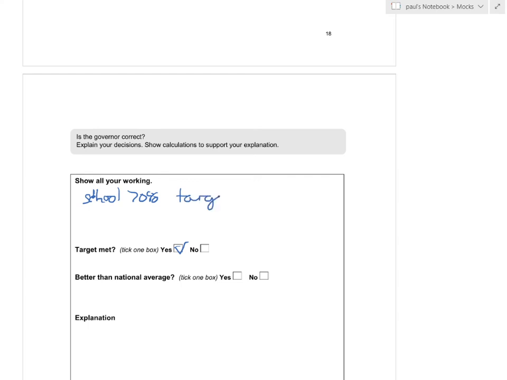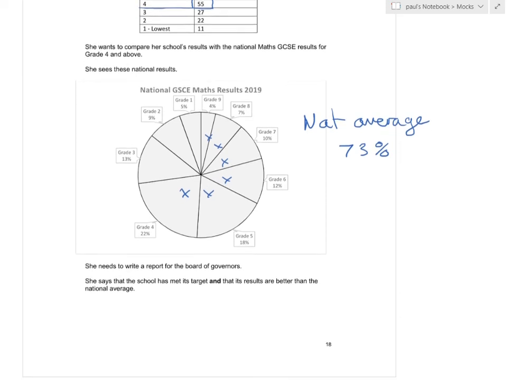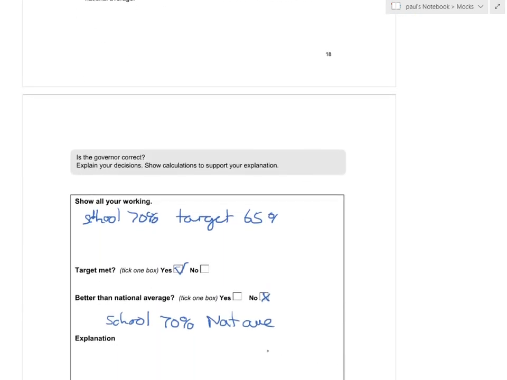Target 65%. Better than average, no, because the school was 70% and the national average was, what was that? 73. And that is our explanation.